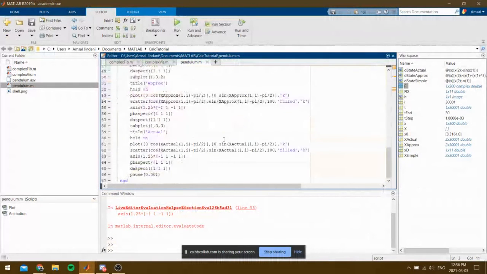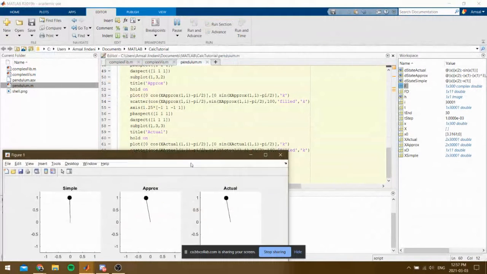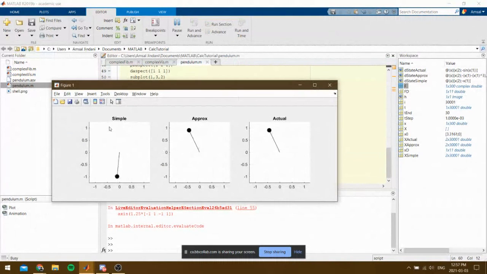So 190. Okay, yeah, that doesn't make sense. The simple pendulum just starts out by rotating the wrong way. The approximate one breaks, and the actual one works a-okay.